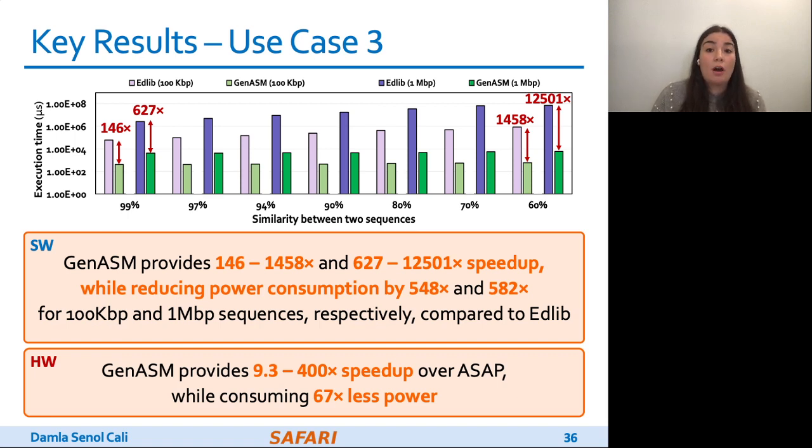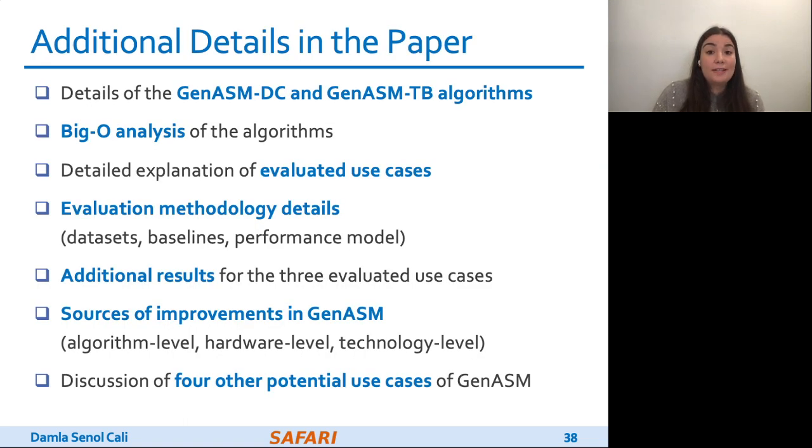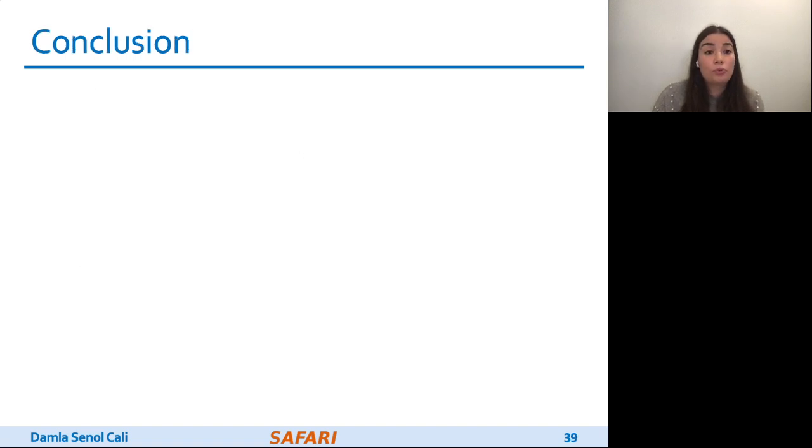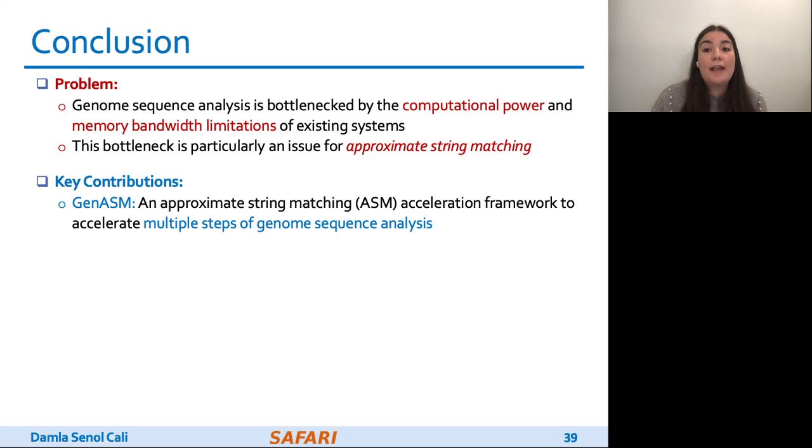Before I conclude, here is the list of additional details that you can find in our paper. And to conclude, in this work, we focus on approximate string matching because it is one of the main bottlenecks of genome sequence analysis. We propose GenASM, an approximate string matching acceleration framework, to accelerate multiple steps of genome sequence analysis.